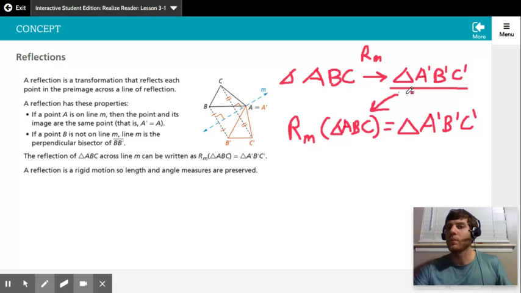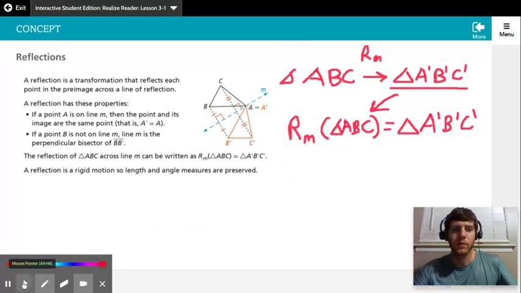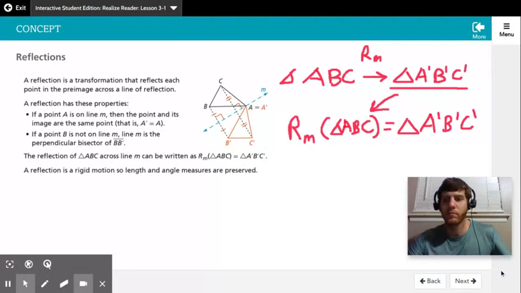Another way we could have written triangle A prime, B prime, C prime was as R sub M and then in parentheses, triangle ABC, the reflection over line M of triangle ABC. As you get more practice, the notation should make more sense. All right, so let's go to the next slide here.